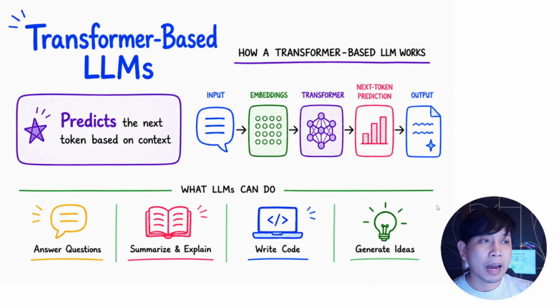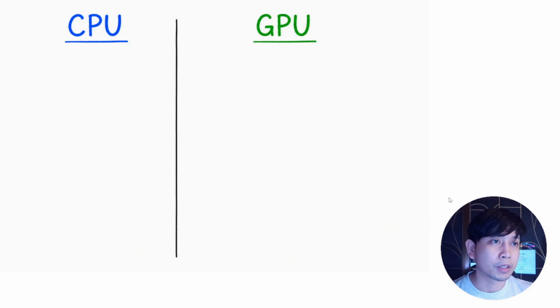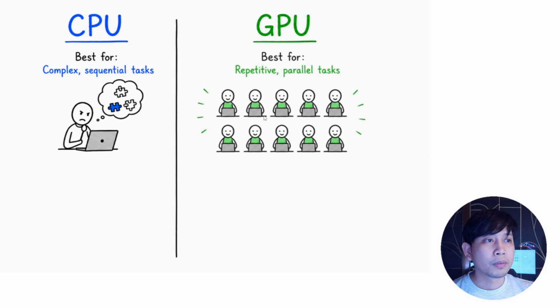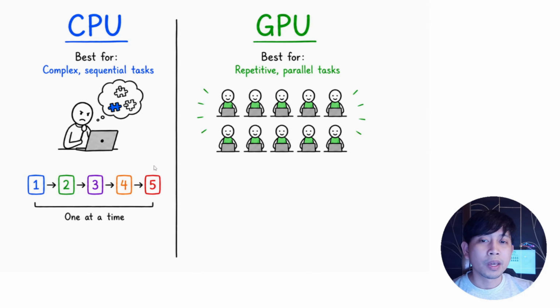Now, let's talk about the hardware that makes all of this possible. We have CPU, which is optimized for complex sequential tasks. And we have the GPU, which is best for repetitive and parallel tasks. For CPU, if you have a sequence of steps where each step depends on the previous one, a CPU is excellent at handling that workload.